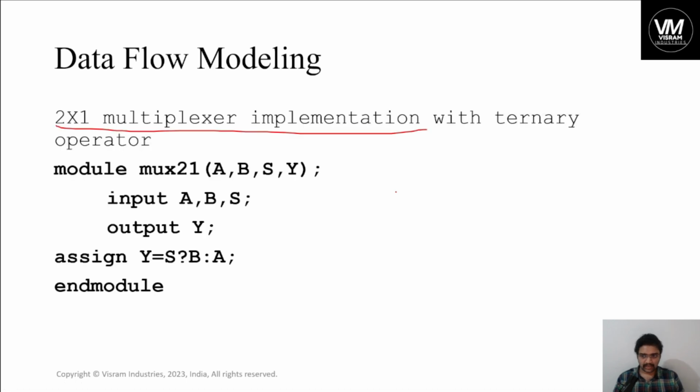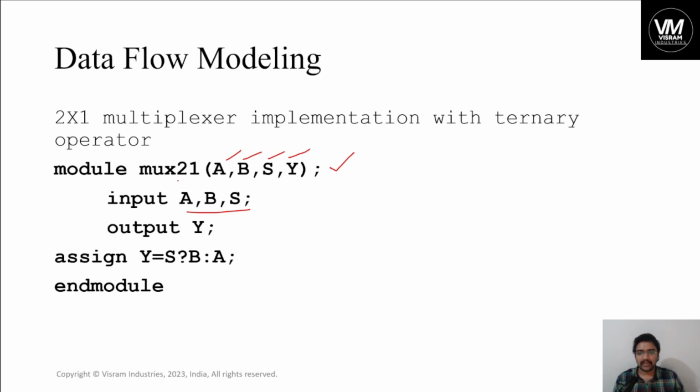Then come to the 2x1 multiplexer, where you can mention the module name. It is A, B, S and Y. What are the inputs? A, B and S. S is a selection input and the output is Y. Why didn't I mention what type of bits?